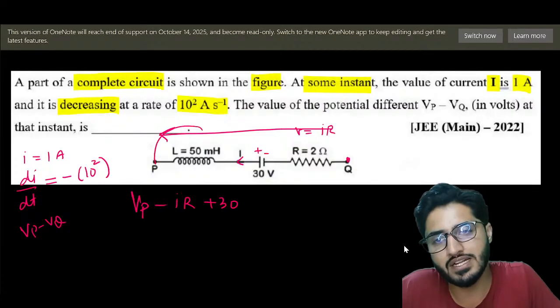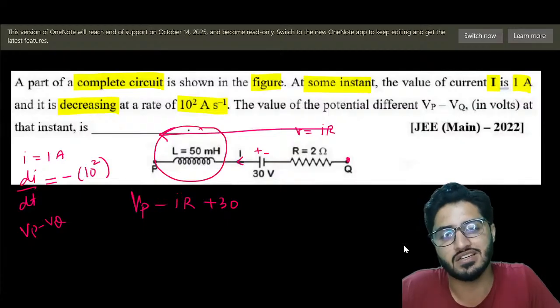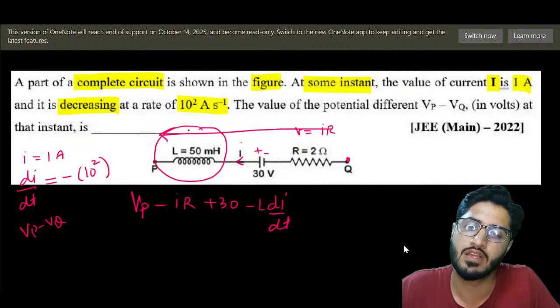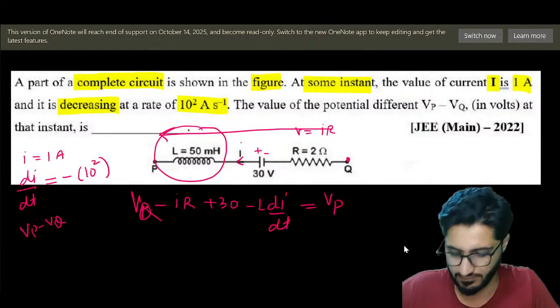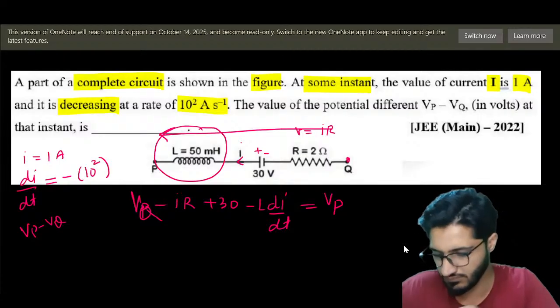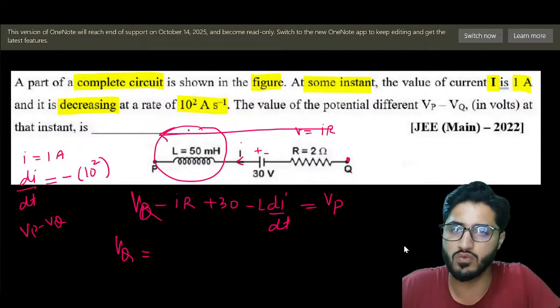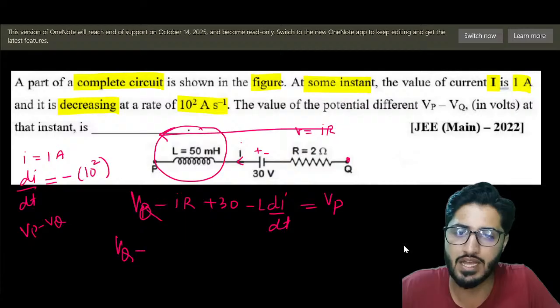Whenever we are entering this inductor in the direction of current, it is minus L di by dt, equals Vq. So Vp minus IR, I is 1, R is 2, plus 30 minus L.